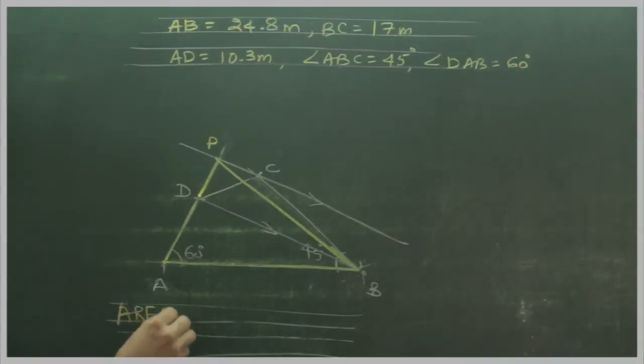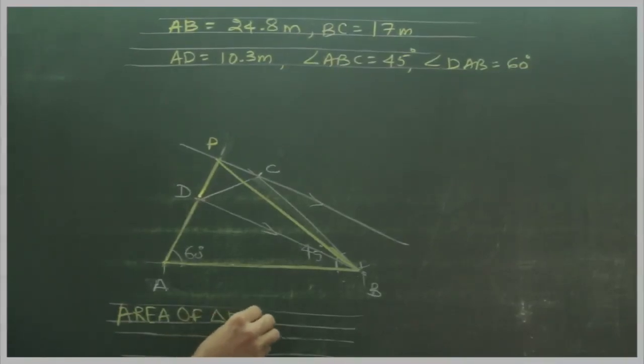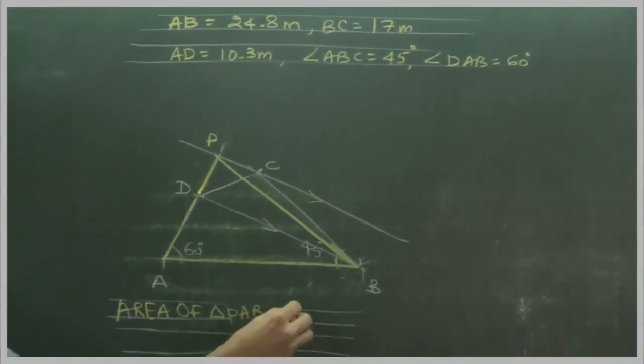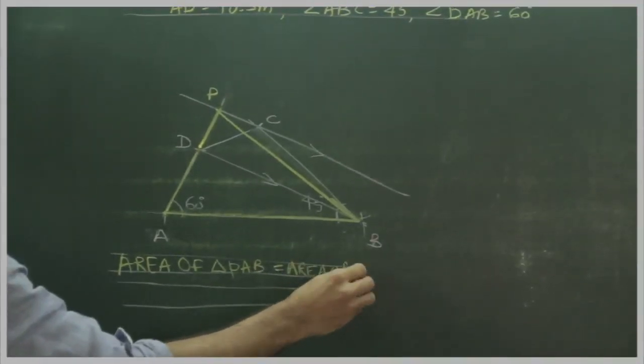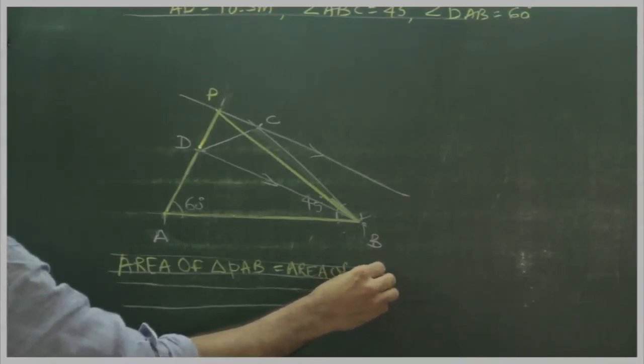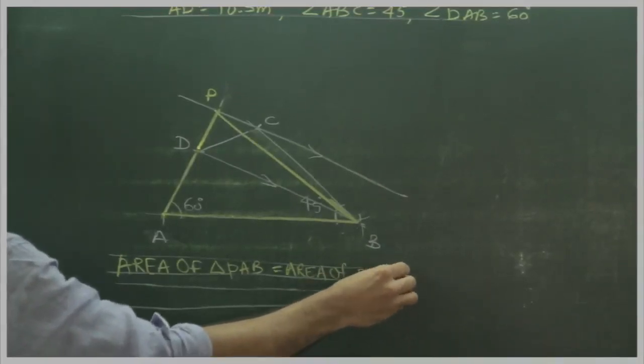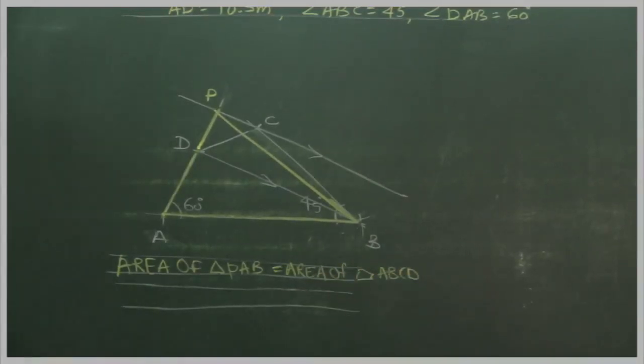So we can write area of triangle PAB equals area of quadrilateral ABCD.